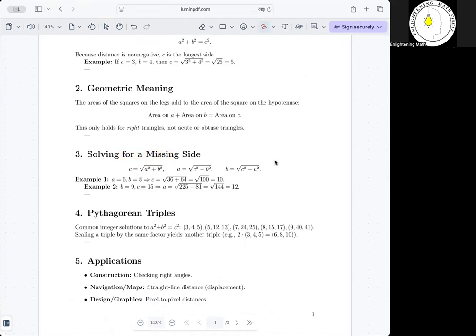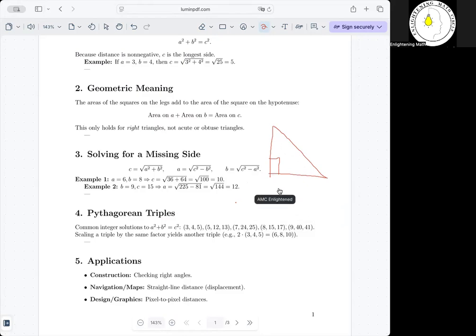Now, just so you guys really understand how the triangle looks in a situation like this, I'll draw one out for you. So we have a triangle here.